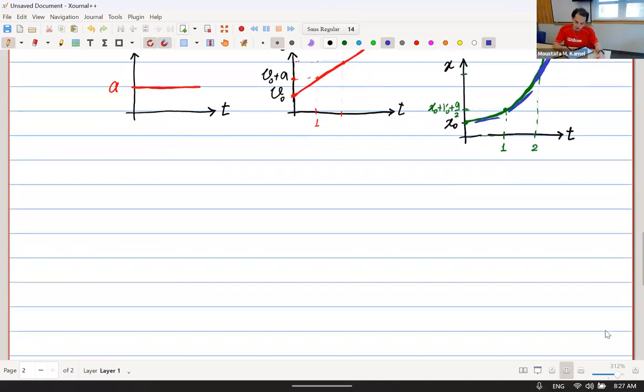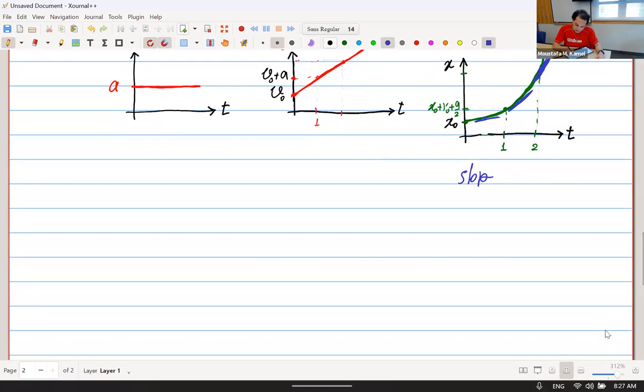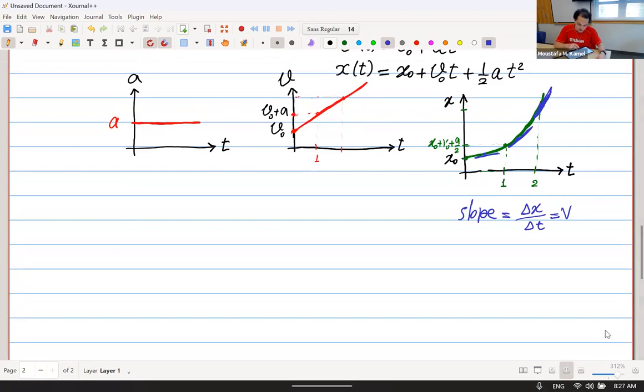So here, the slope of the position versus time graph is equal to velocity, delta x over delta t. This is velocity. At a point, it's instantaneous velocity. And the slope of the velocity versus time graph, delta v over delta t, this is now acceleration, right?